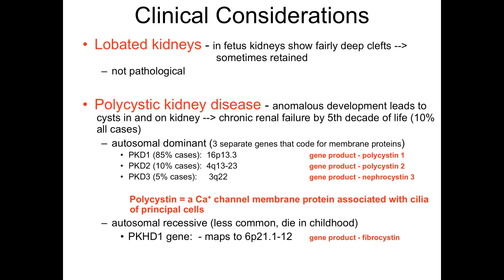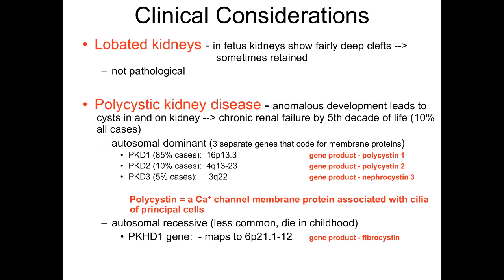I give you the chromosomal loci of these genes, not important that you remember that right now. Polycystic kidney disease 1 is the most common, accounting for something like 85% of the cases. Polycystin is a calcium channel membrane protein that appears to be associated with the primary cilia on principal cells.